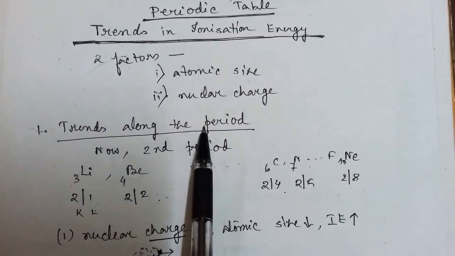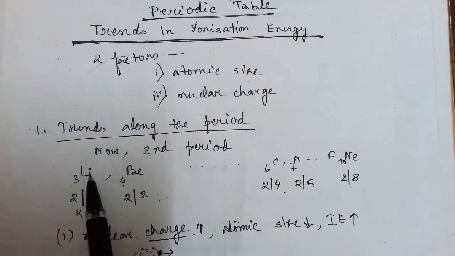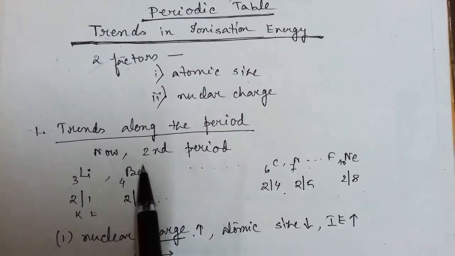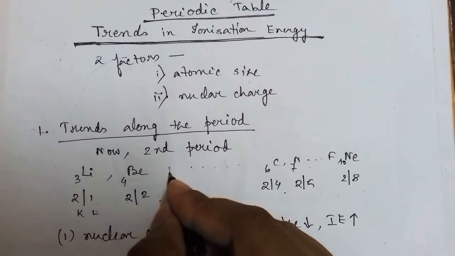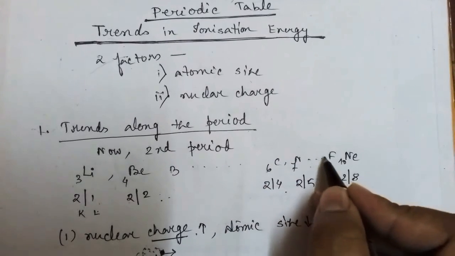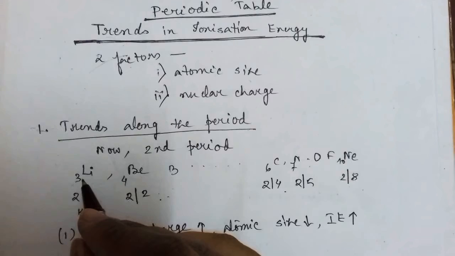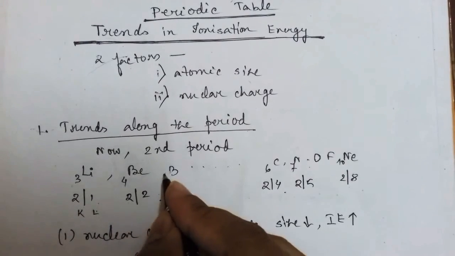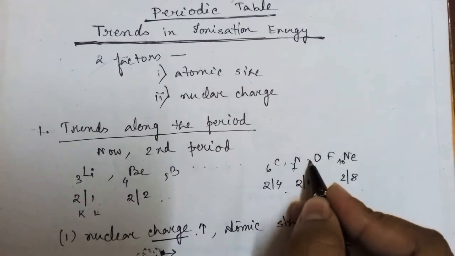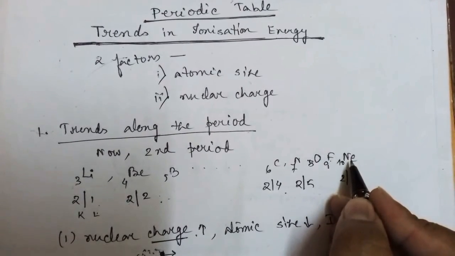Trends along the period. Now, if we consider the second period, that is from lithium to beryllium, then boron, then carbon, then nitrogen, oxygen, fluorine, neon, its atomic numbers are 3, 4, 5, 6, 7, 8, 9, and neon is at 10.